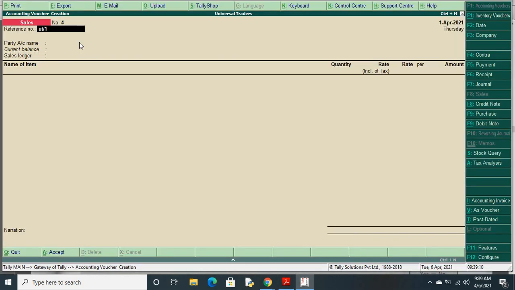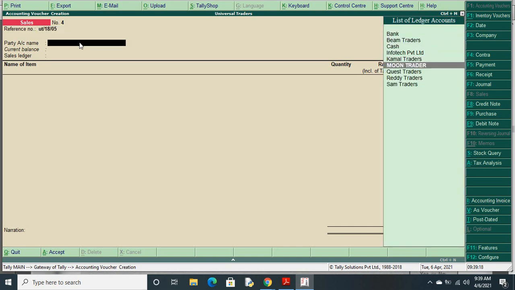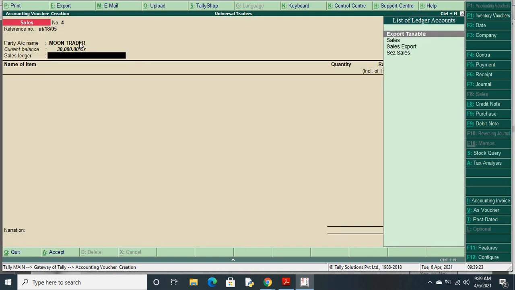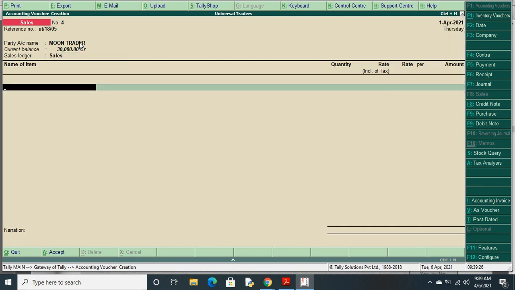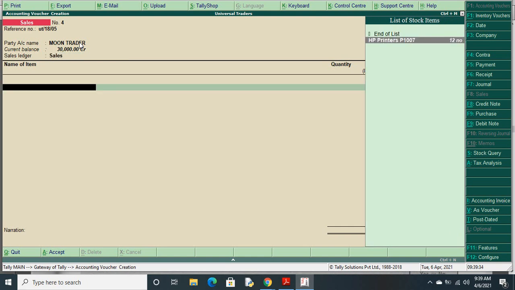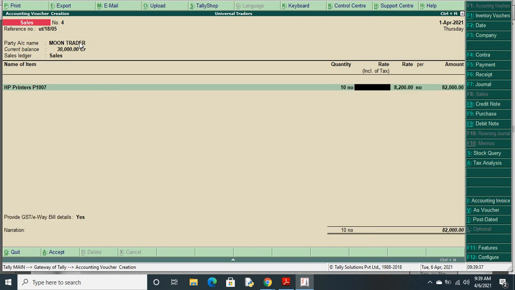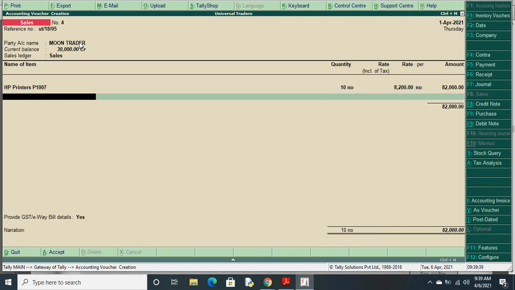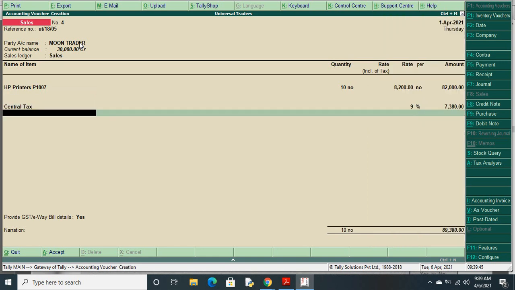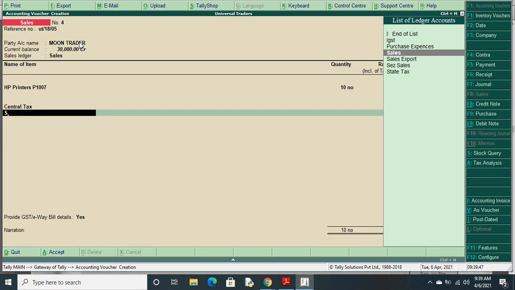UT by 18 by 05. Enter. Moon Traders. This is sales. Sales. HP printer 10. Central tax, state tax.